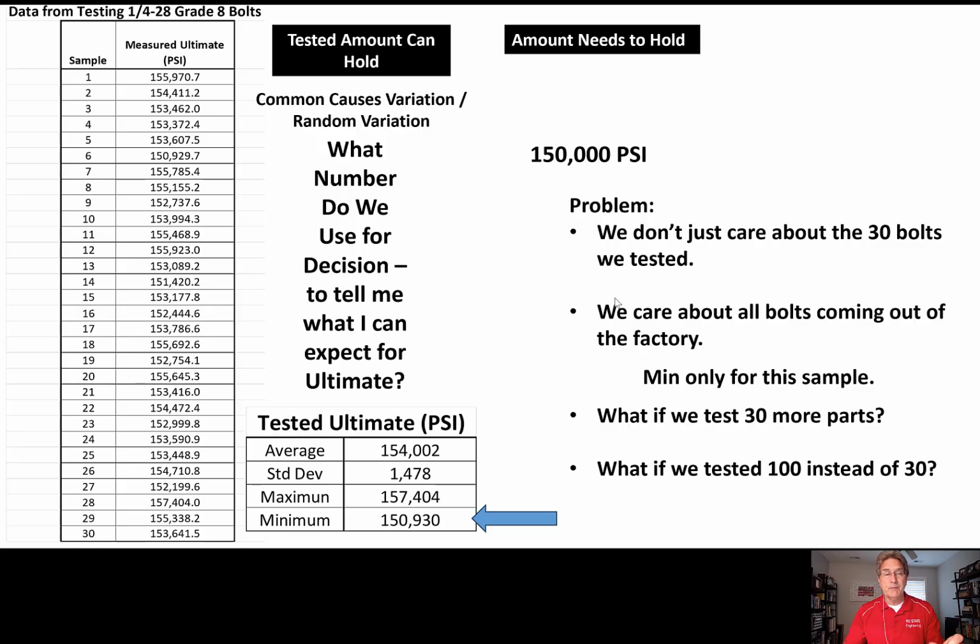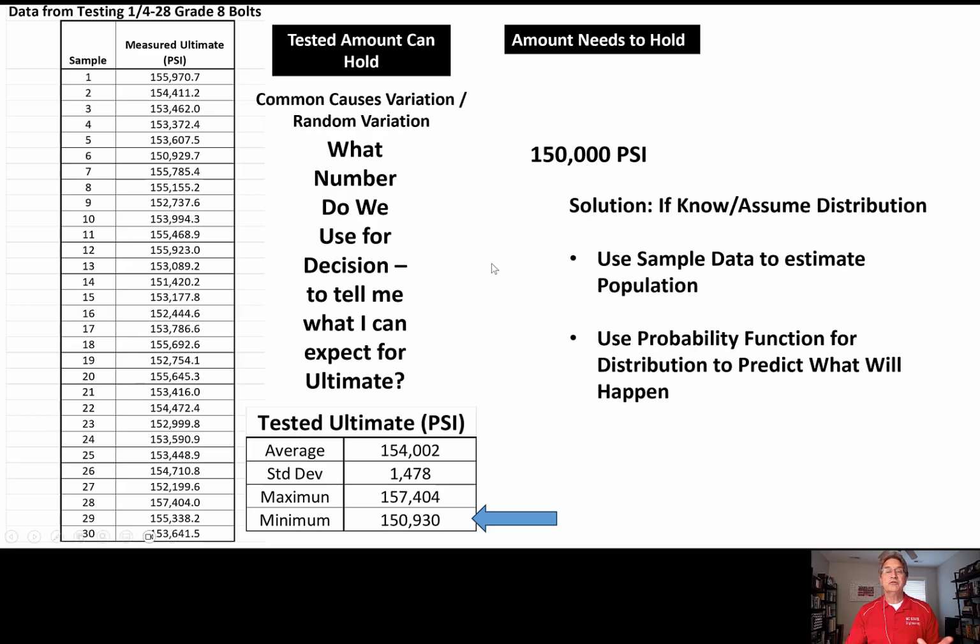We care about all of them. We were stuck here. But now we know that our solution is, if we know or we can assume the distribution, you'll learn how to do that, we can use this sample data to estimate the population parameters. Then we can use the probability function for that distribution to predict what will happen.